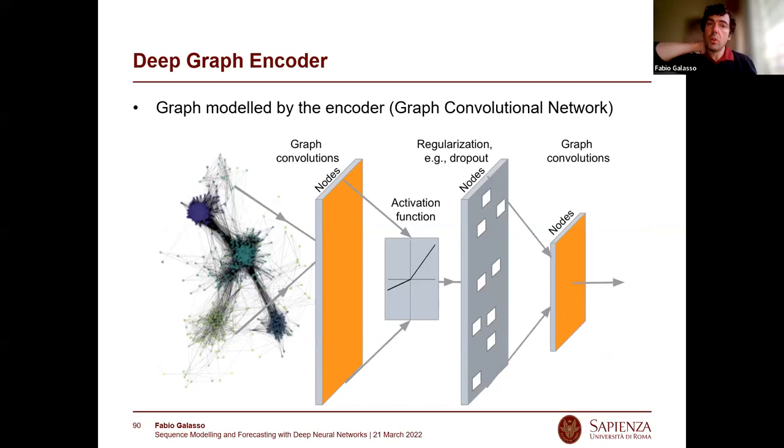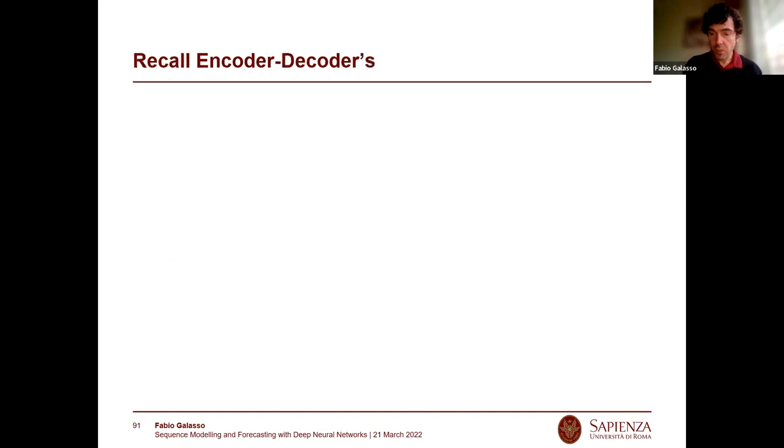Okay, so what mainly changes here is the encoder of your past. This is what turns out to be the best structure for forecasting, is that you have an encoder, which is a graph convolutional network. Let me just be a little bit more clear on this.